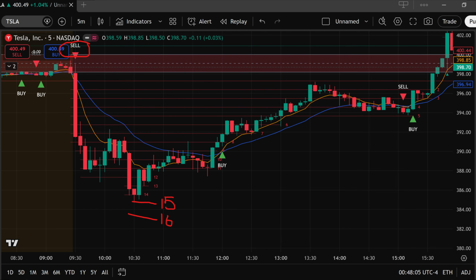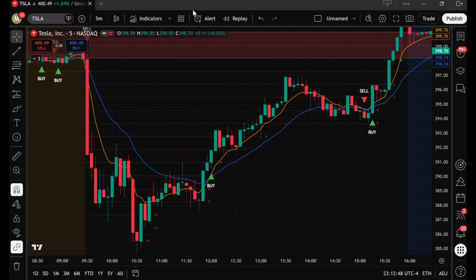And then Sammy said, hey, it's time to buy. LuxAlgo said, okay, it's rising: 8, 7, 6, 5, 4, 3. And now Sammy said it's time to sell. Lux also confirmed it. So the two indicators work hand in hand.